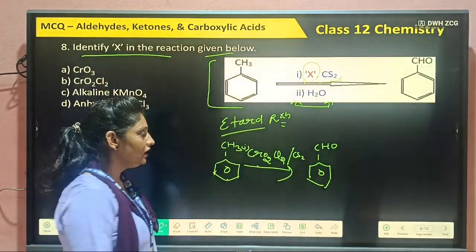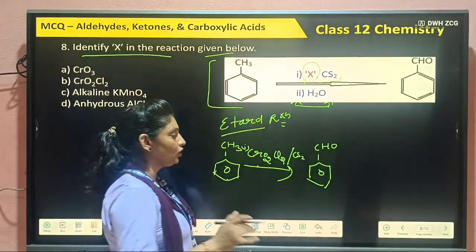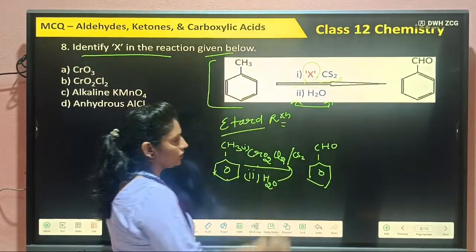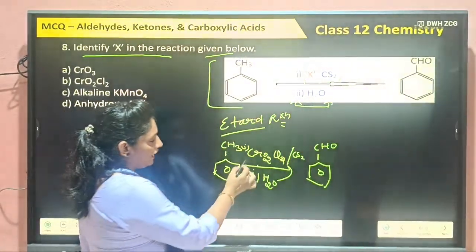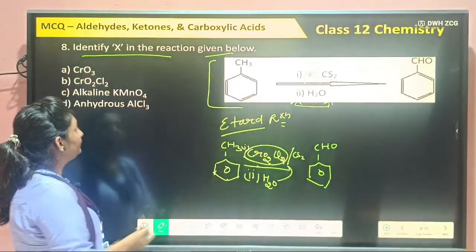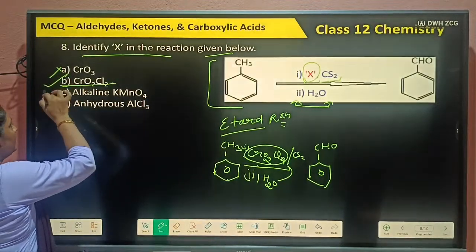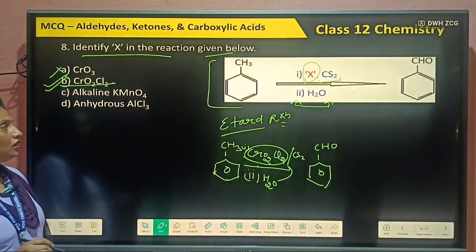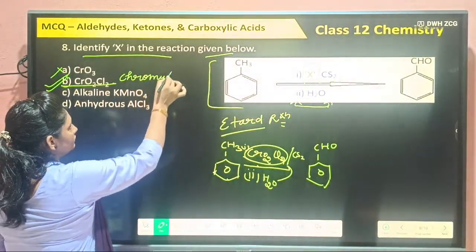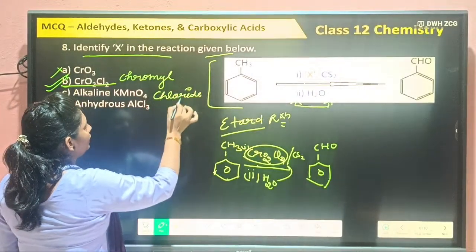We can take carbon disulfide or CCl4, carbon tetrachloride also, and it is followed by the hydrolysis. So here, X will be CrO2Cl2. Is it given in any option? CrO3 no, CrO2Cl2 yes. Here X is chromyl chloride, CrO2Cl2.